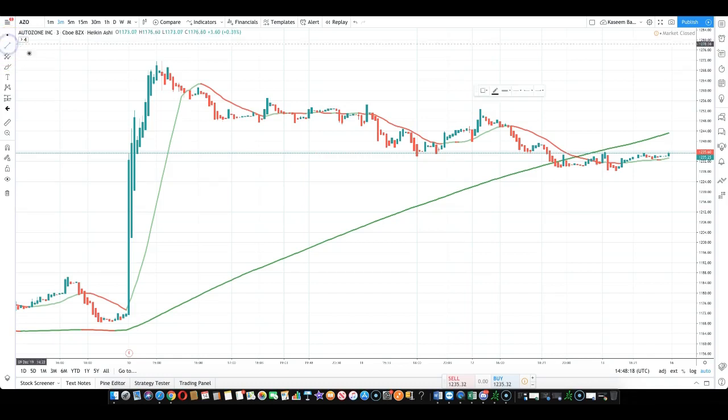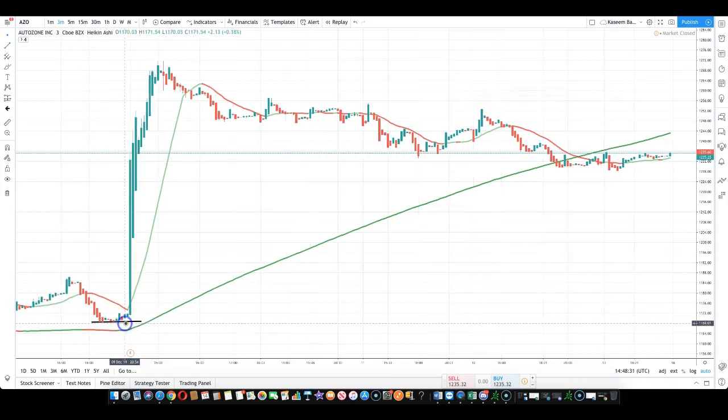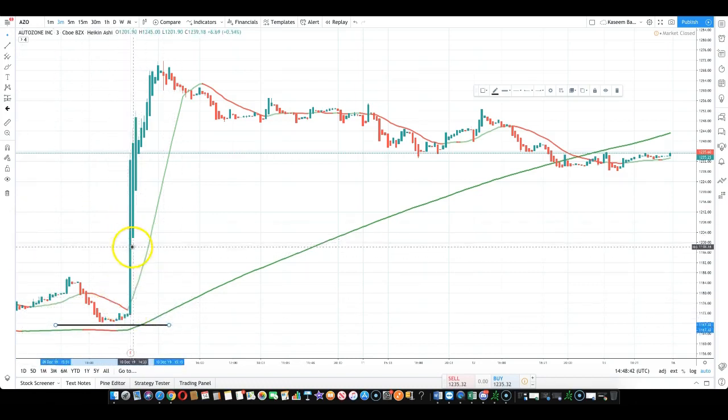So let me draw a trend line starting from the day. Let's look at this section right here, and we can say, this is the lowest price point at this time, that we can obviously tell. So let's say the market is not open and we're not looking at this big candle.